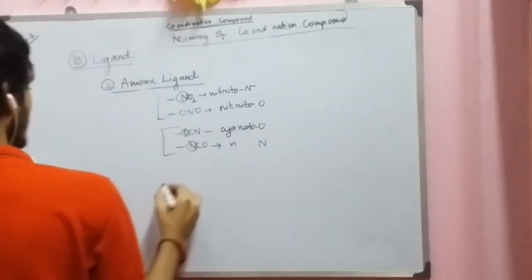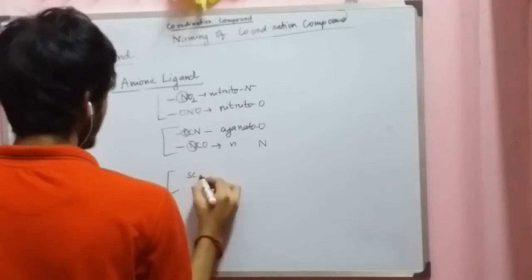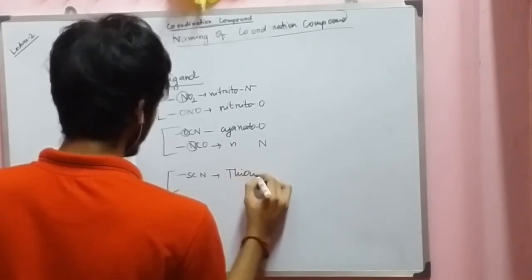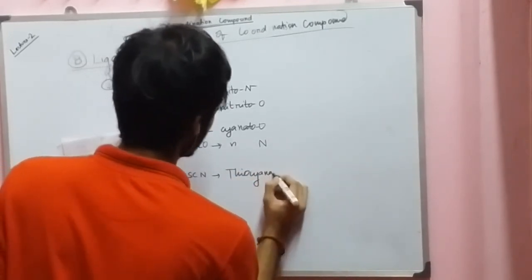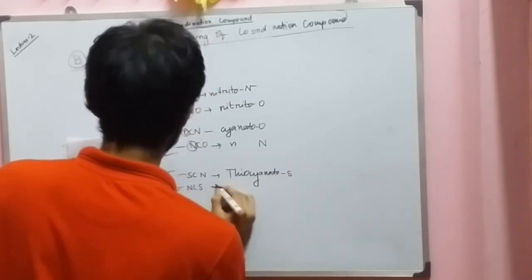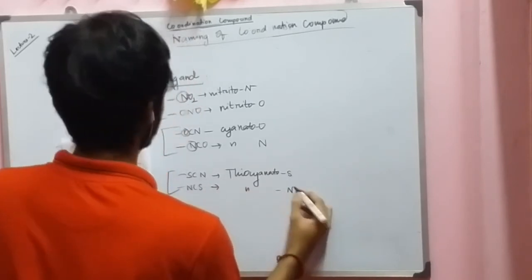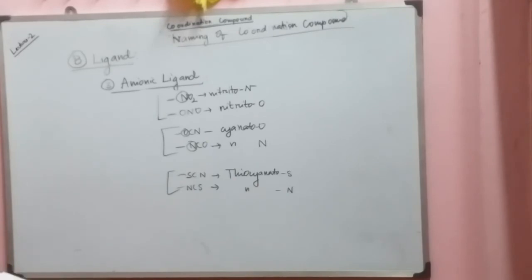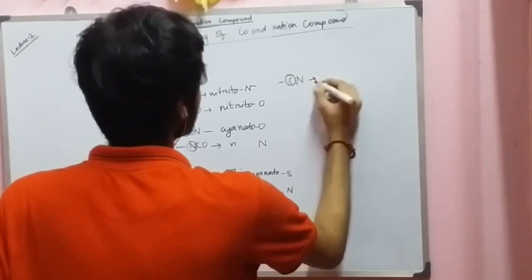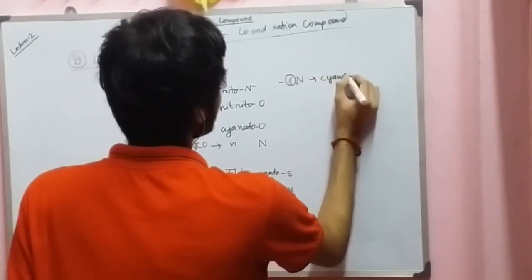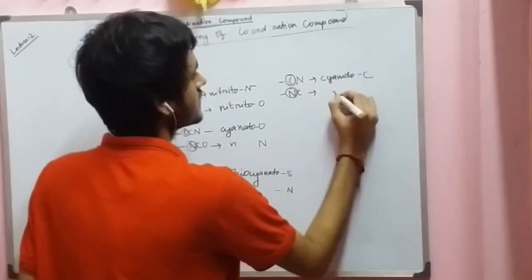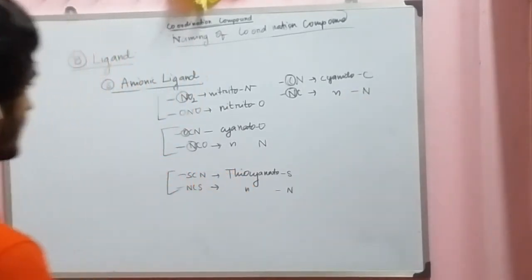Okay, SCN is thiocyanato S. NCS is thiocyanato N. And another example is CN, connected through C, cyanido C. NC, connected by N, cyanido N. Okay, copy this and remember this.